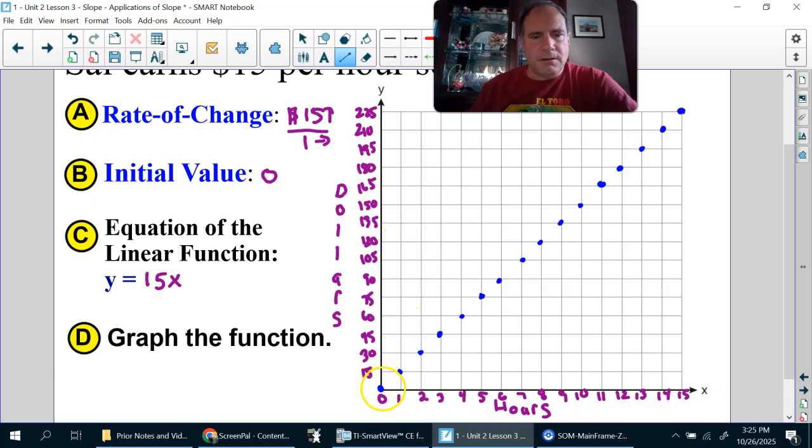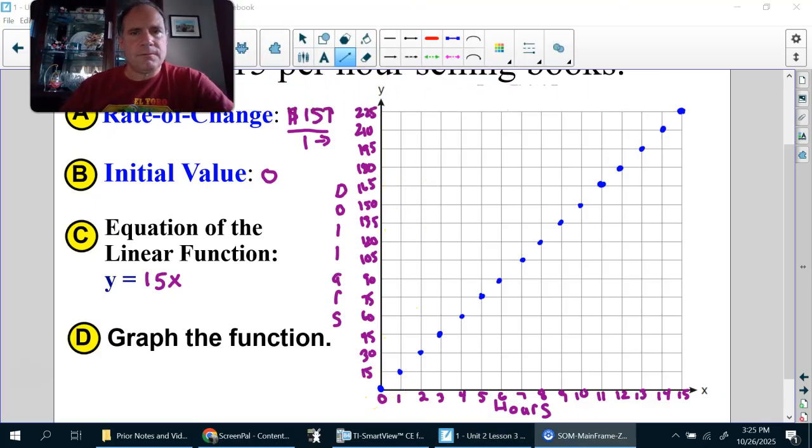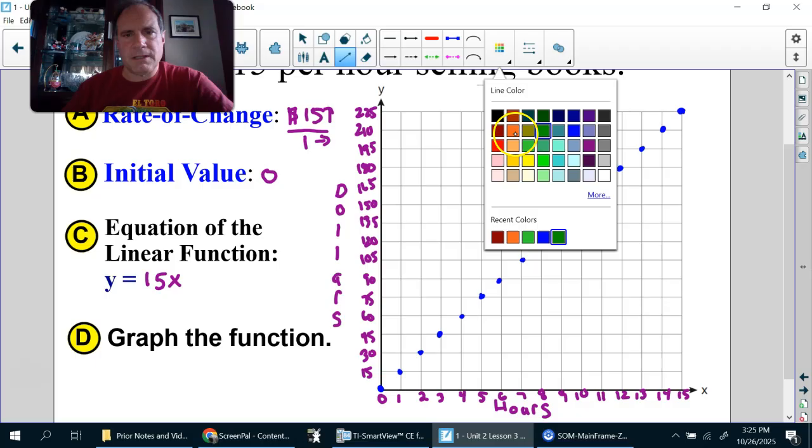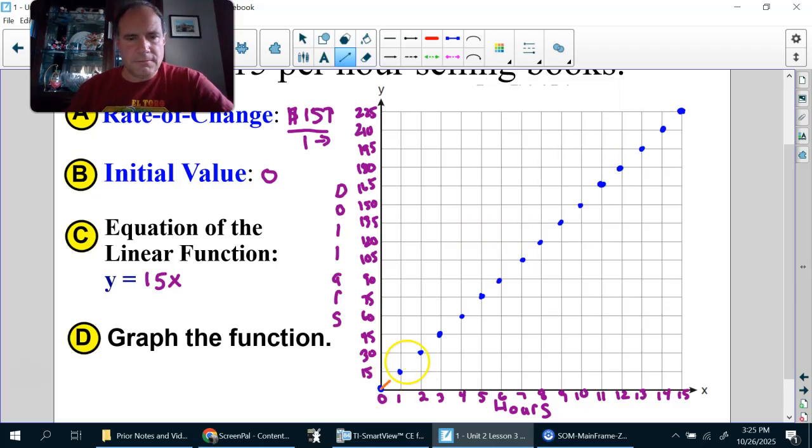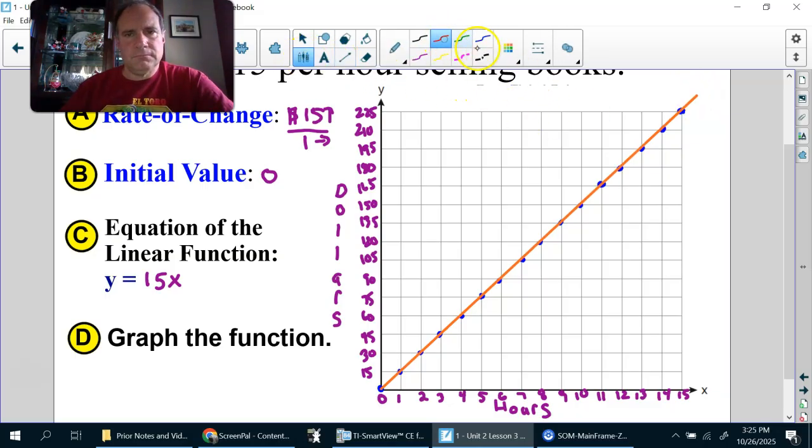And then let me go over here and try and pick a nice color. Draw a nice line connecting those points. And we're going to put y equals 15x on the line. And that is the graph.